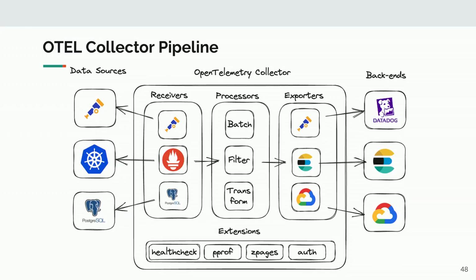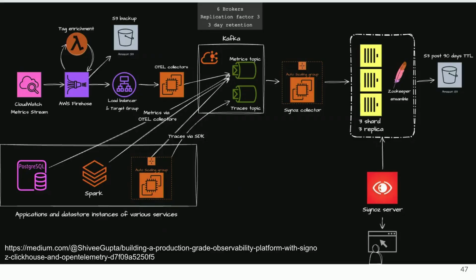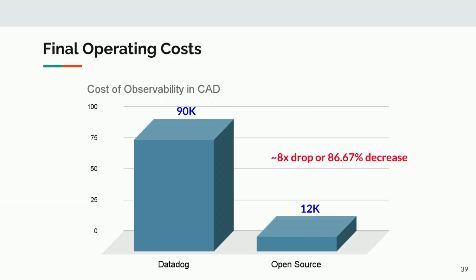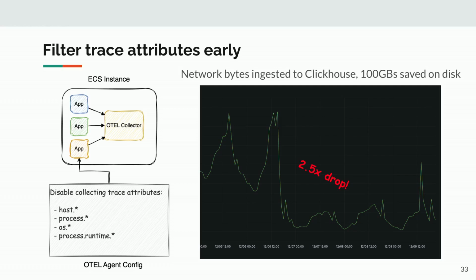An additional question about the filter part. If we want to drop some useless metric attributes so that cardinality doesn't explode, like that example with the process command line, we probably don't care about it. Do we have to do it on the collector's side, or can we configure, say, the Java agent so that it doesn't include it? Great question.